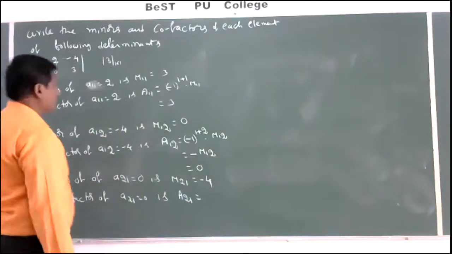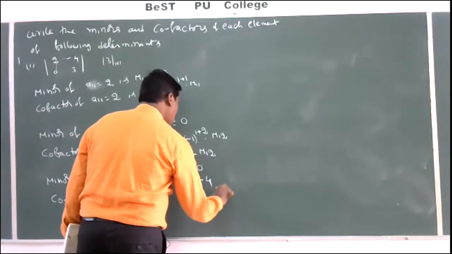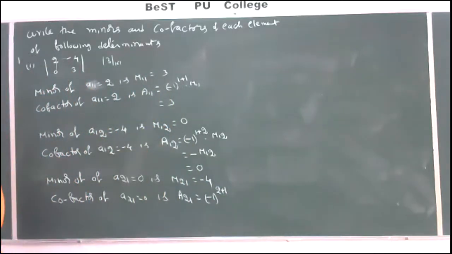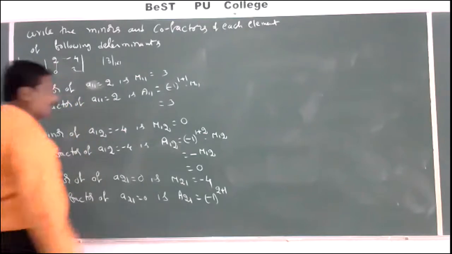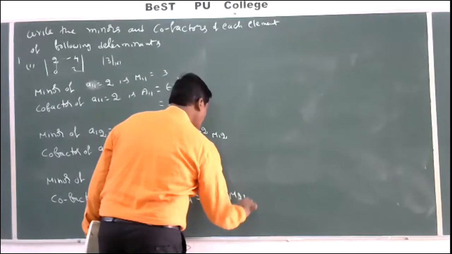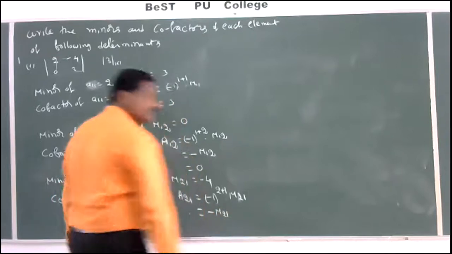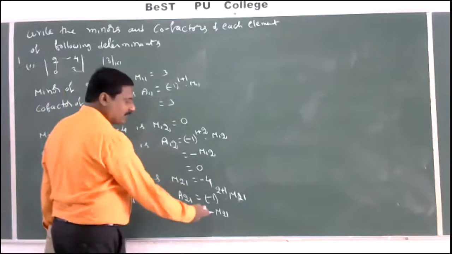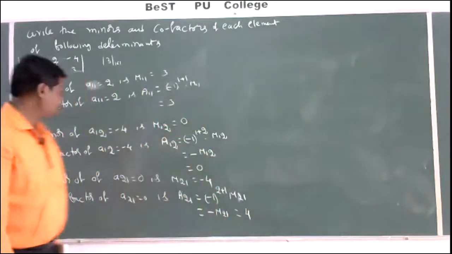Capital A21 is equal to (-1) to the power of 2 plus 1 into M21. This is equal to minus M21. Already the M21 value is minus 4, and here minus is there. Minus of minus is plus 4.